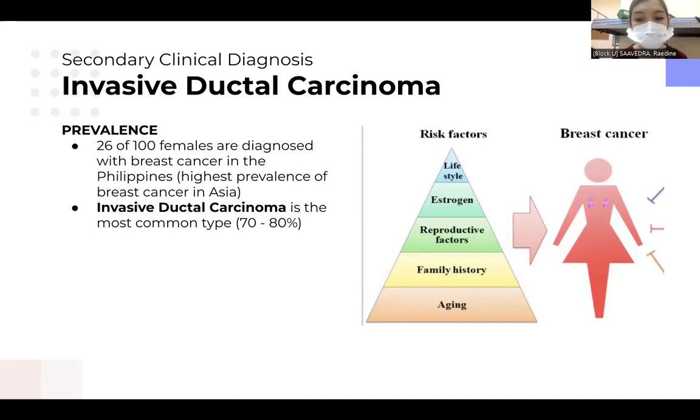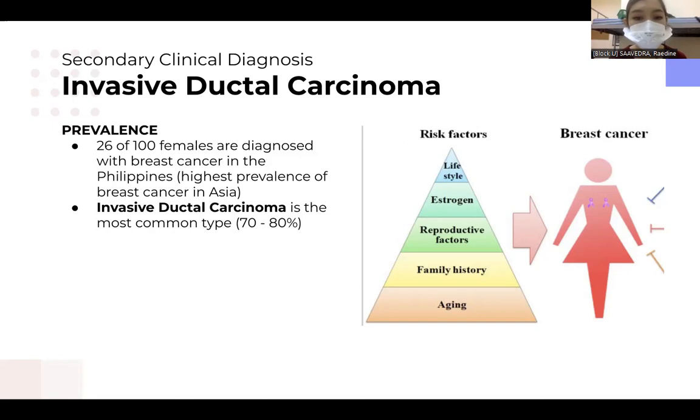There are several risk factors to breast cancer. Increasing age is one of the most important risk factors of breast cancer. Its incidence increases with increasing age, usually beginning around 40 years old.